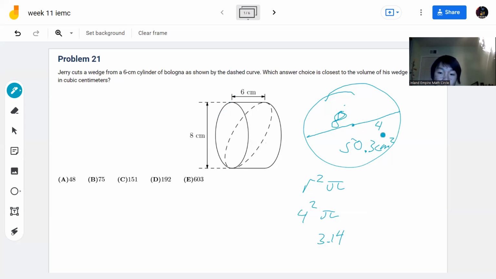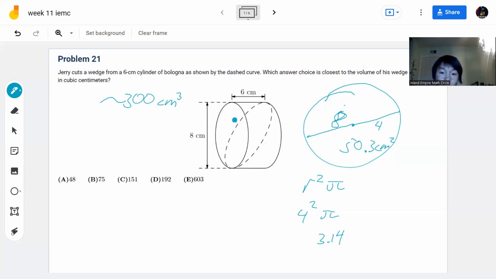We can multiply what we got here by 6. I'm just going to approximate: 50 times 6, so around 300. Remember, it just wants which answer choice is closest, so you can usually just estimate. So that's around 300 cubic centimeters for the total volume.